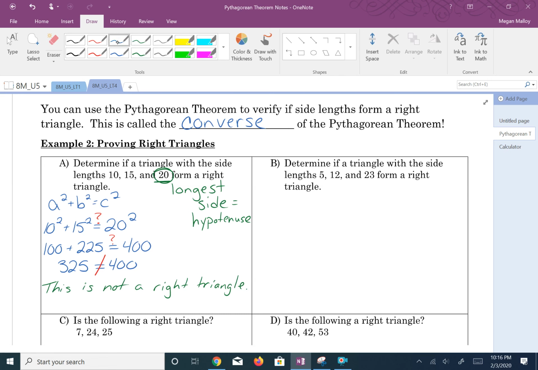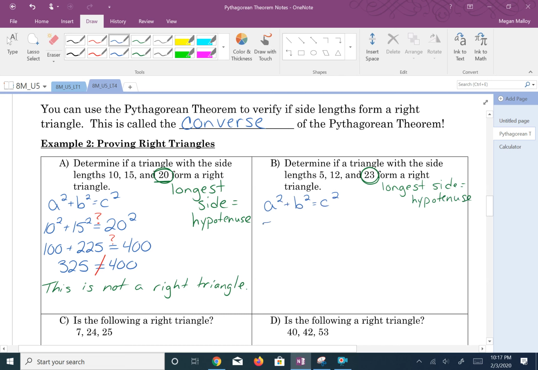So let's look at 2b. It says determine if a triangle with the side lengths 5, 12, and 23 form a right triangle. So again, I have to identify my hypotenuse. 23 is the longest side. So that's going to be my hypotenuse. So a squared plus b squared equals c squared.